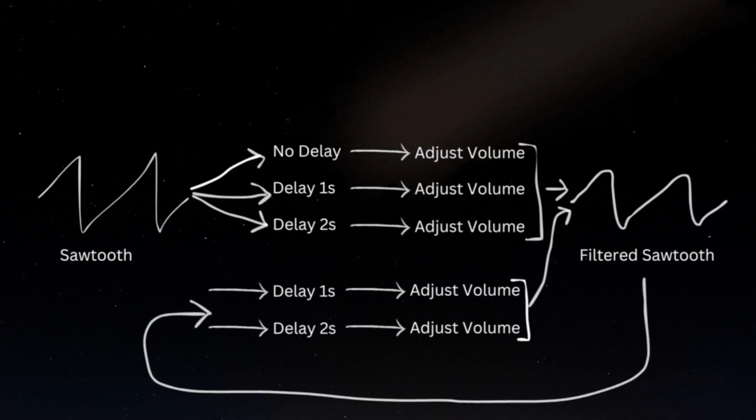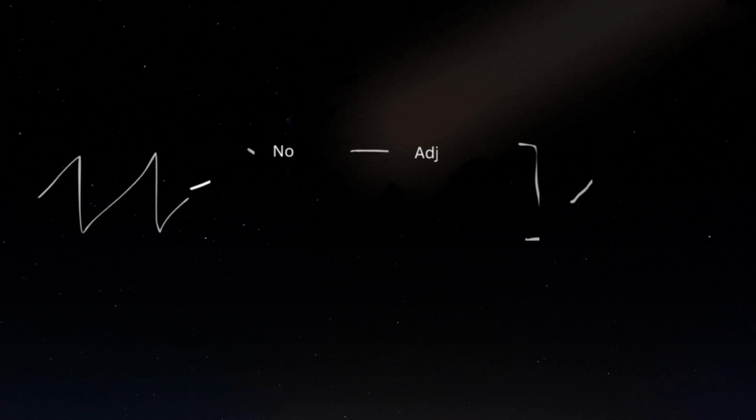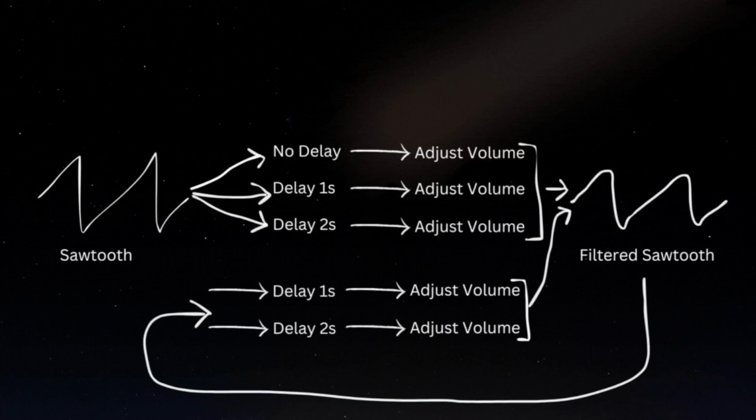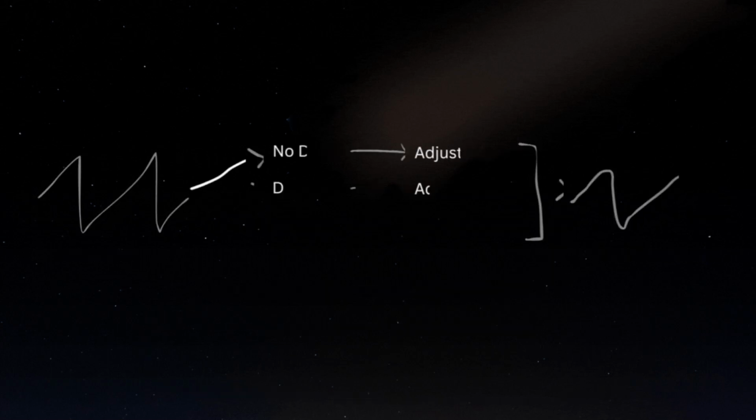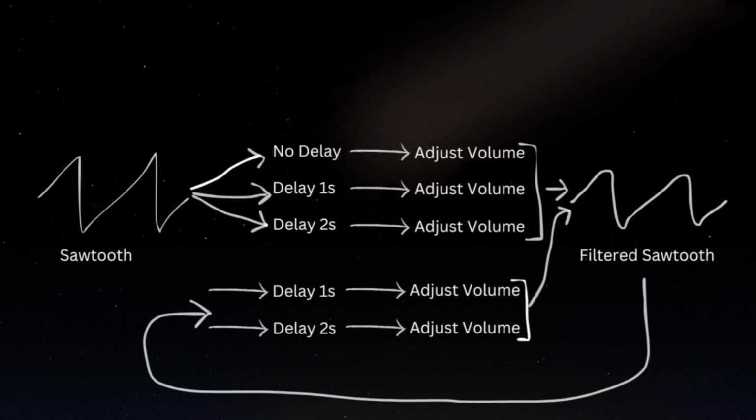The filter output is fed back into 2 other tracks, which have 1 sample and 2 samples of delay respectively. Their volume is adjusted and sent back to the Ableton send track. Note that Ableton automatically has 1 sample of delay whenever you try and add feedback, so that 1 sample of delay is already built into our feedback path.